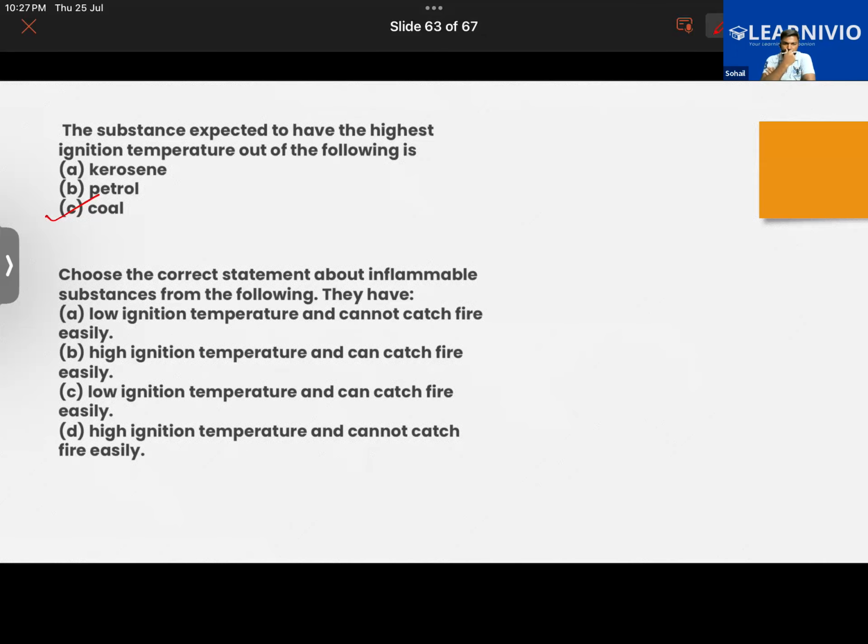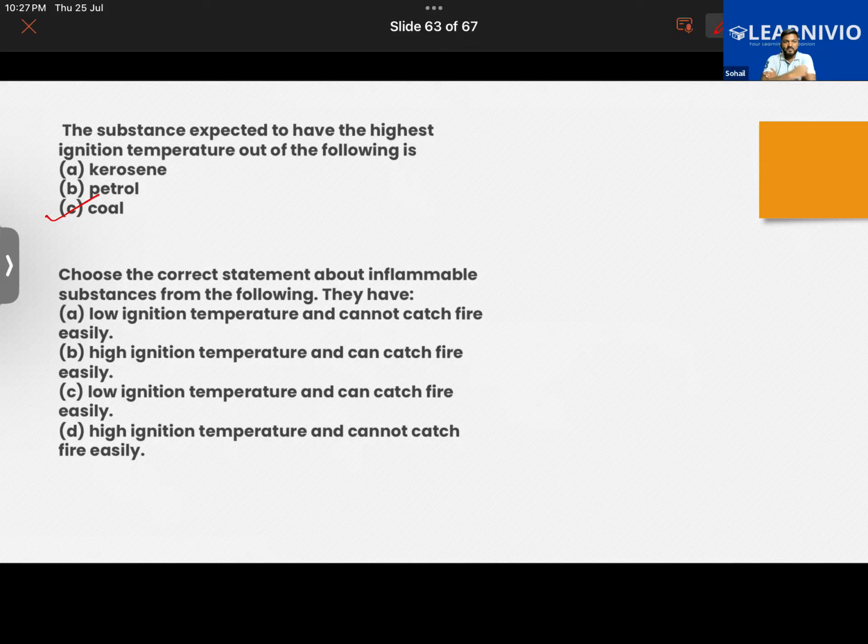No, no, no. It does not have a high ignition temperature. See, for example, take iron. It's not like iron will never catch fire. Iron will also catch fire, but its ignition temperature is very high. That's why it is usually not considered an inflammable substance. But compare it with petrol.